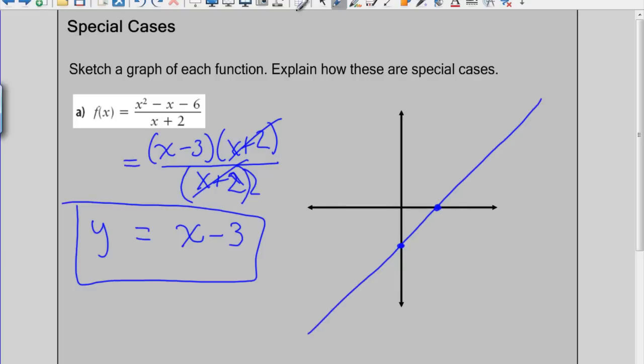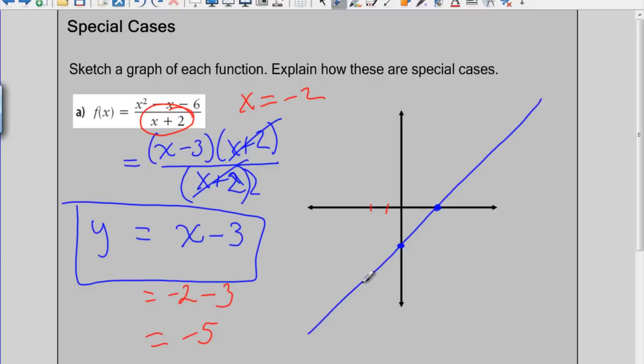But something happened up here with the x plus 2, because when we look at restrictions, we know that x cannot equal negative 2. So what we have to do is we have to find x equals negative 2 and where it intersects with our line. So if I take negative 2 and plug it in for x, I have negative 5.